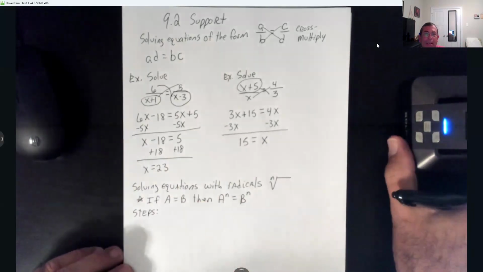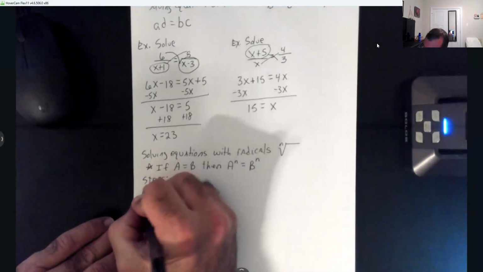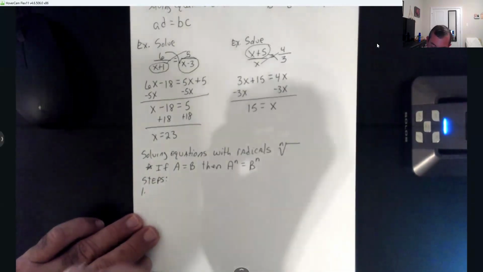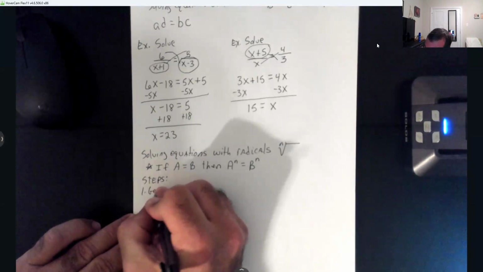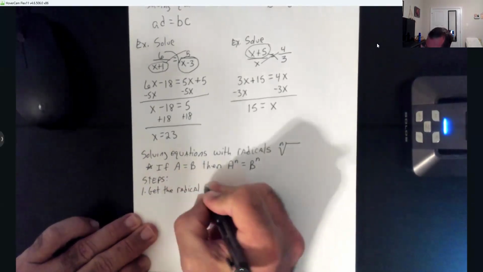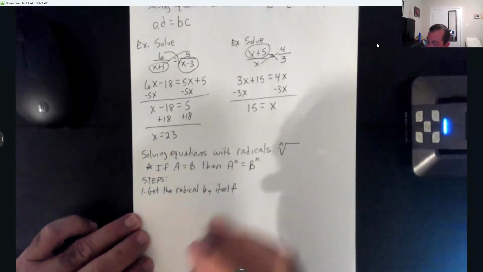So here's my few steps I use when I'm solving these equations. First thing, you want to get that radical on one side by itself. So get the radical by itself on one side or the other.